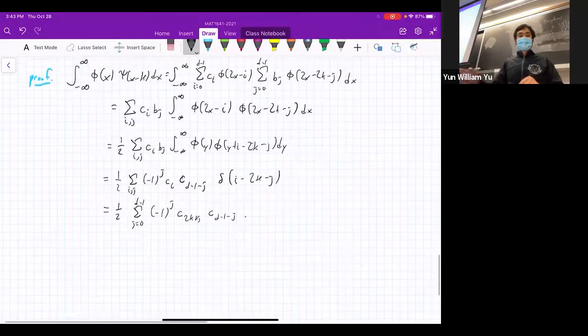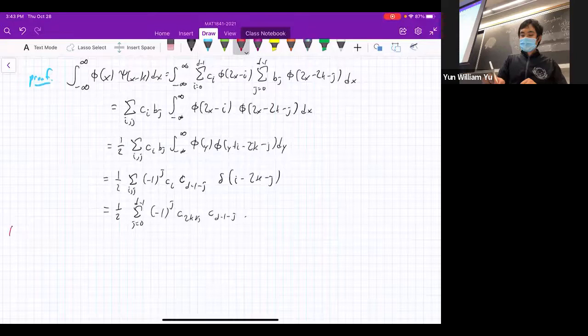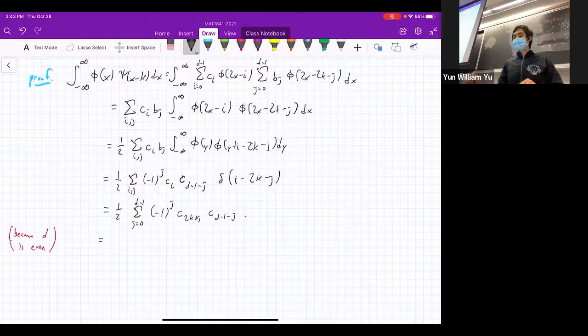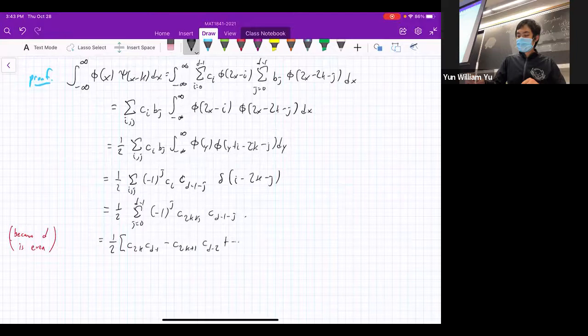And now we're going to make use of another fact, which is that D is even. What can you say about the summation? Yeah, exactly, you get cancellation of all your terms. You can sort of see that. This is 1/2 c_{2k} c_{D-1} minus c_{2k+1} c_{D-2} and so on.